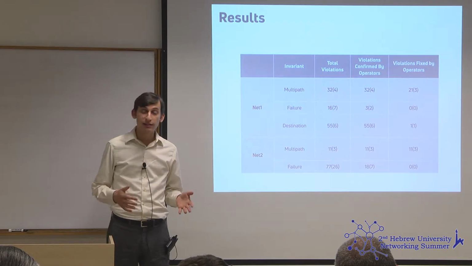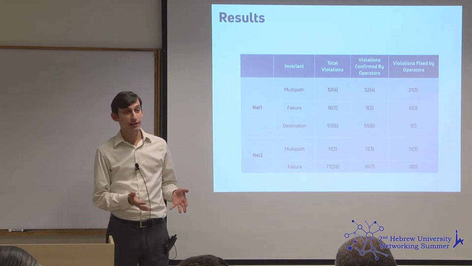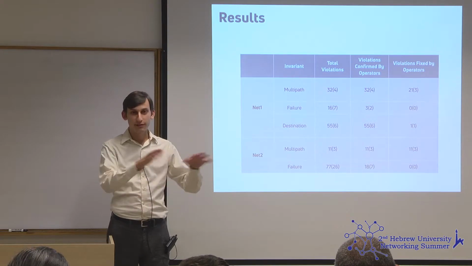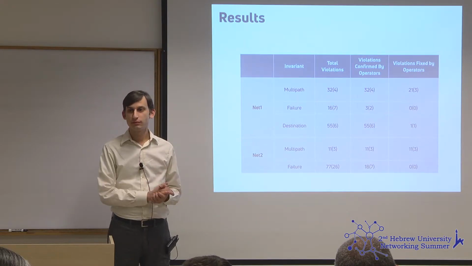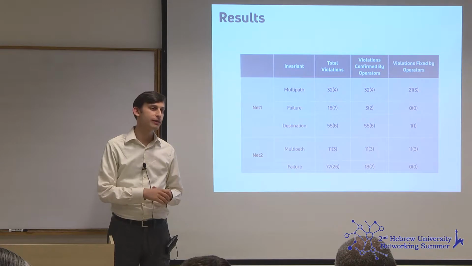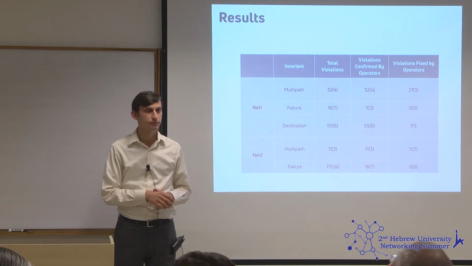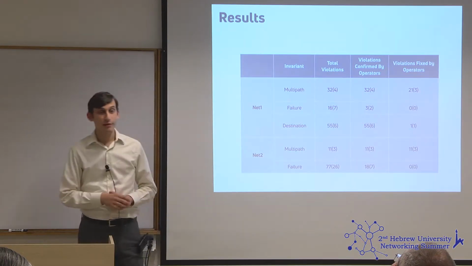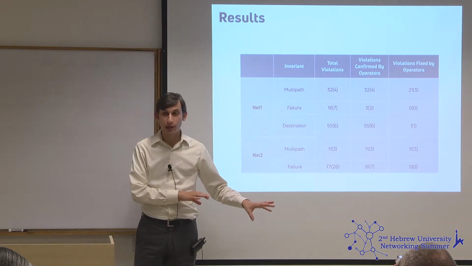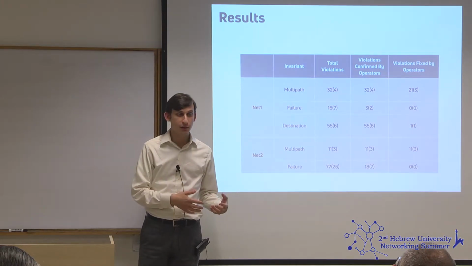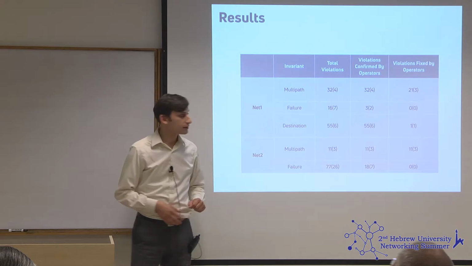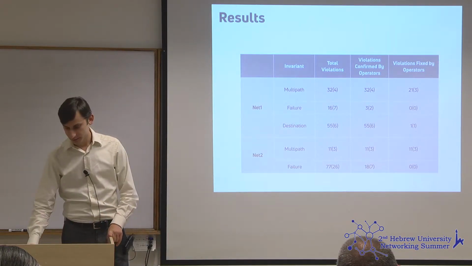So in practice, you'd probably want to apply that particular invariant kind of scoped down to some part of the network where you do expect it to be resilient. Now, there could be other kinds of false positives as well, like if the model is inaccurate in some way, but that's not happening here at least.